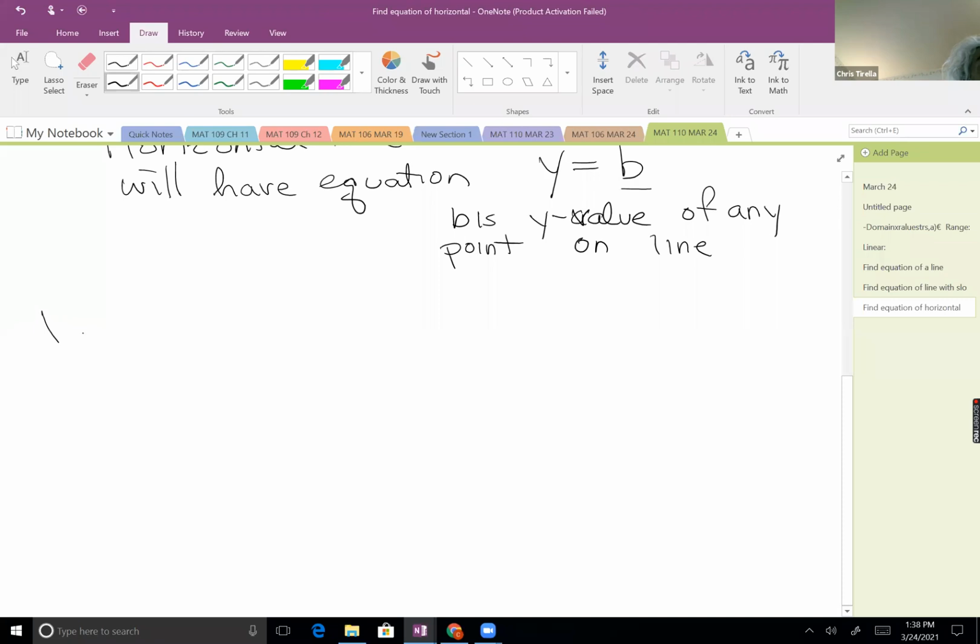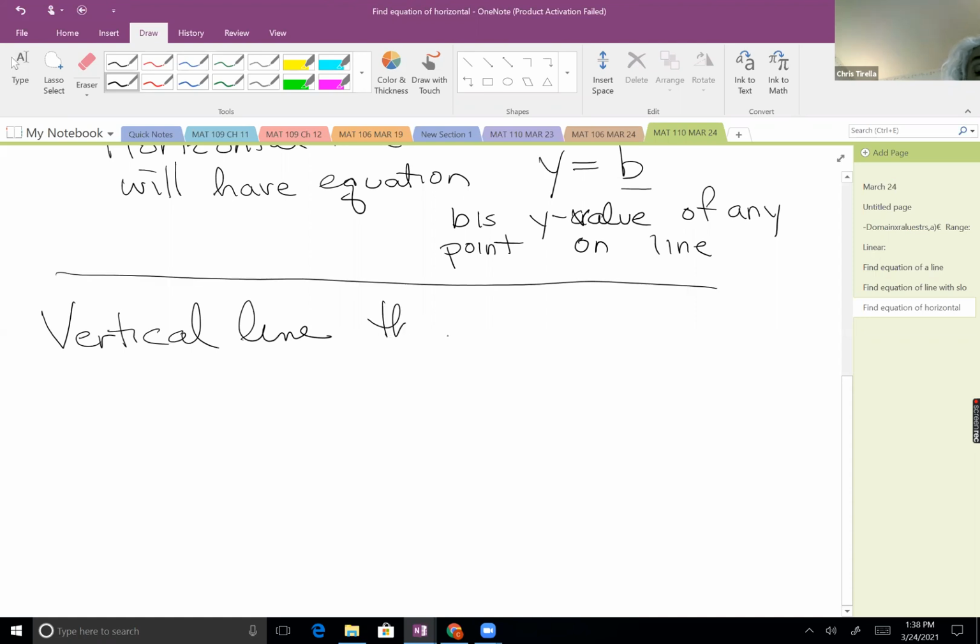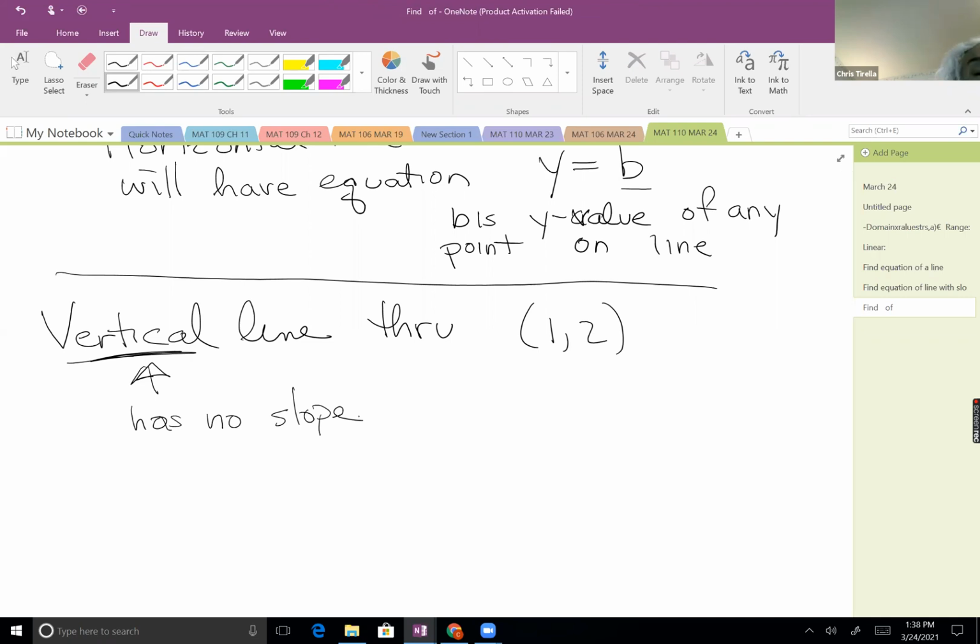Instead, if I want a vertical line, let's go through that same point. Well, a vertical line has no slope. The slope is undefined. So I cannot use my point slope formula. I have no slope.